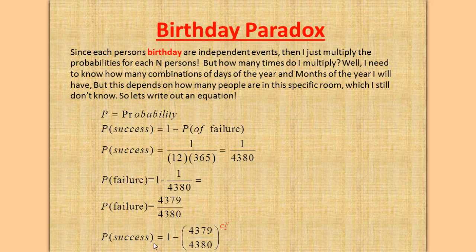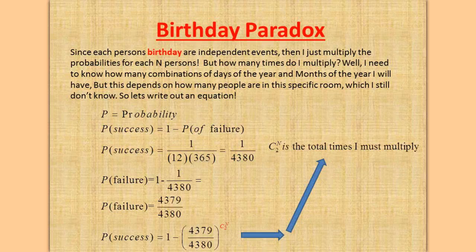And so now our probability of success is equal to 1 minus the quantity 4379 divided by 4380 raised to some power. And that power is what we have to calculate. Okay. Now, see the combination n choose 2 is the total times I must multiply.